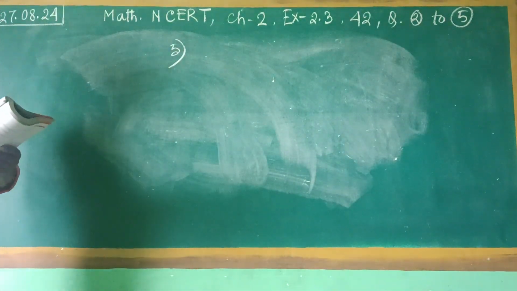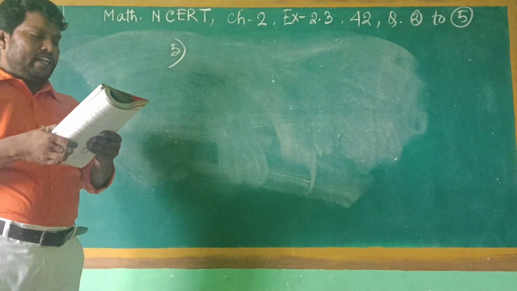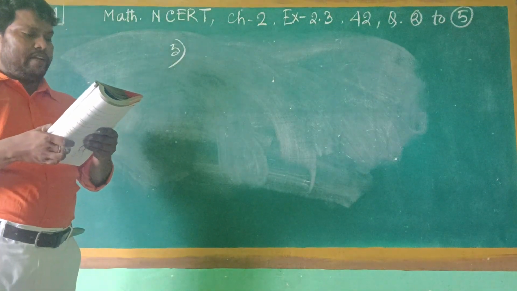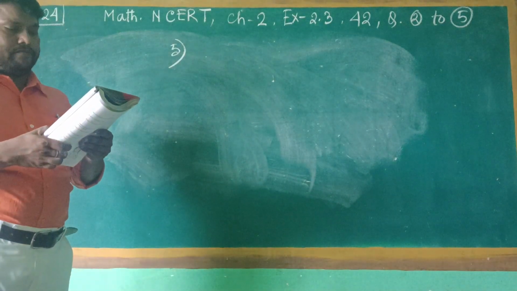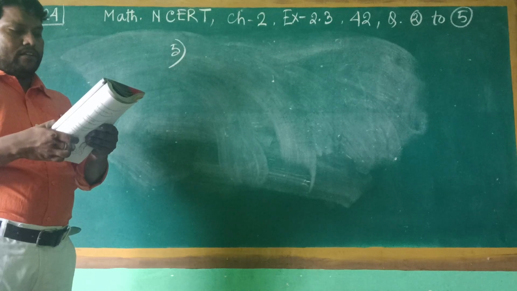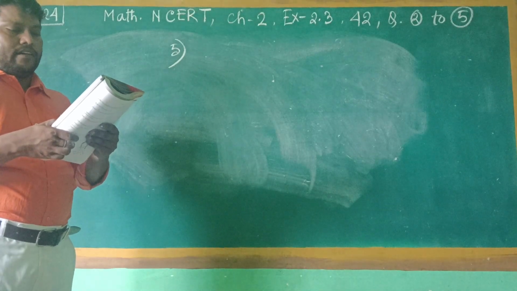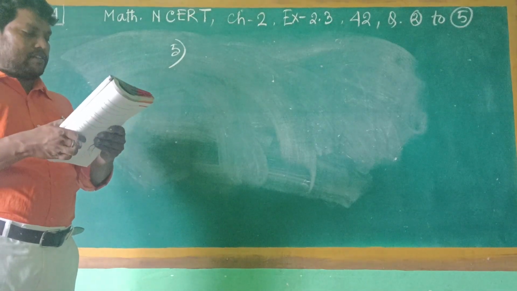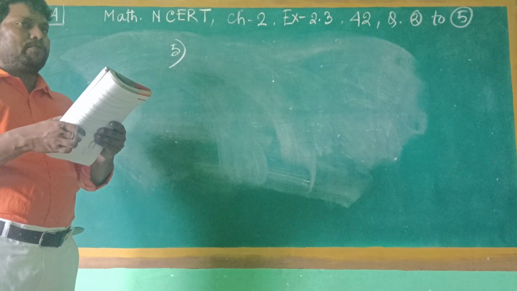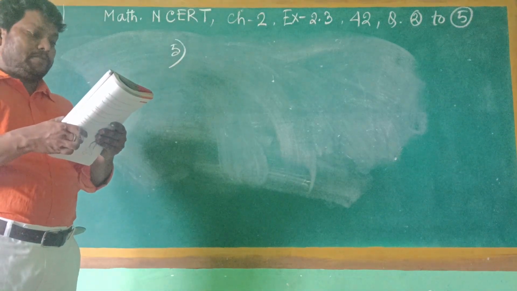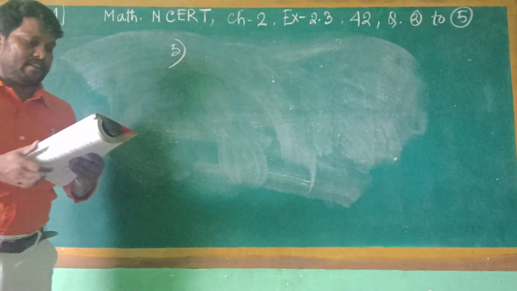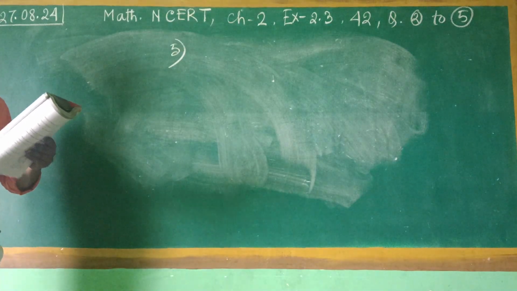What is the question? There is a word problem. Soily plants 4 saplings in a row in her garden. The distance between two adjacent saplings is 3 by 4. Find the distance between the first and the last sapling. He plants 4 saplings.